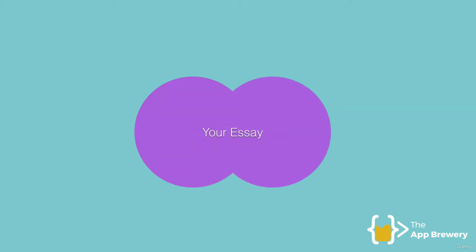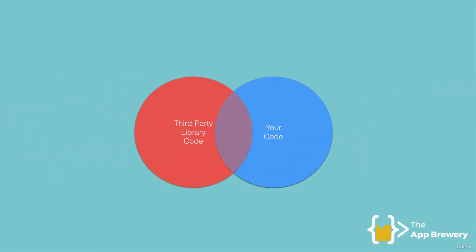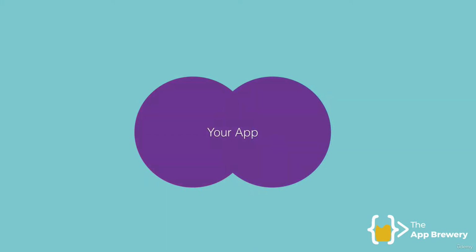Now, I'm not saying this is how you should write essays, copy things from books or from Wikipedia, but essentially, a lot of times you don't have the knowledge or the capabilities or the time to completely create something by yourself. So, in the case of the app, you can combine your code with third party library code that other people have created, and leverage these third party libraries of code which contain individual modules for specific purposes.